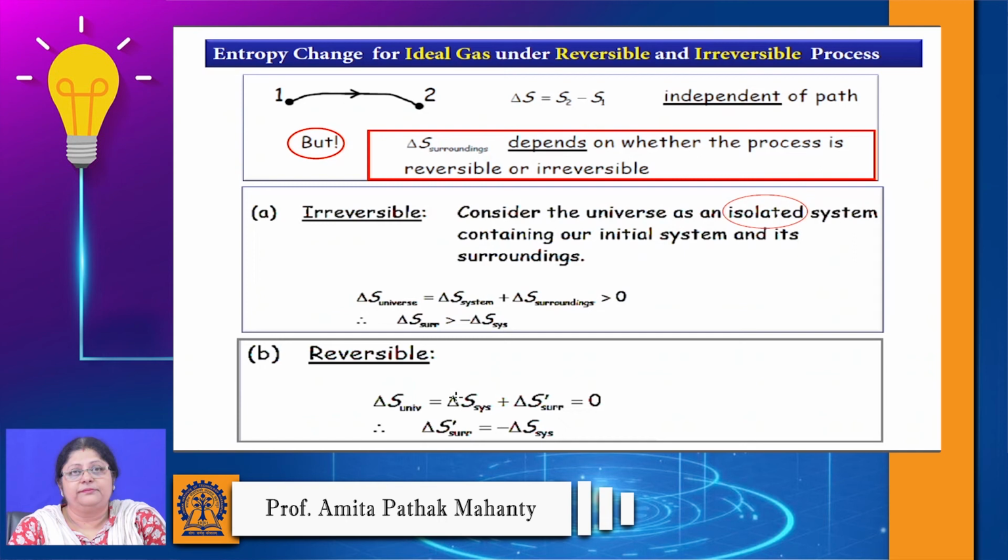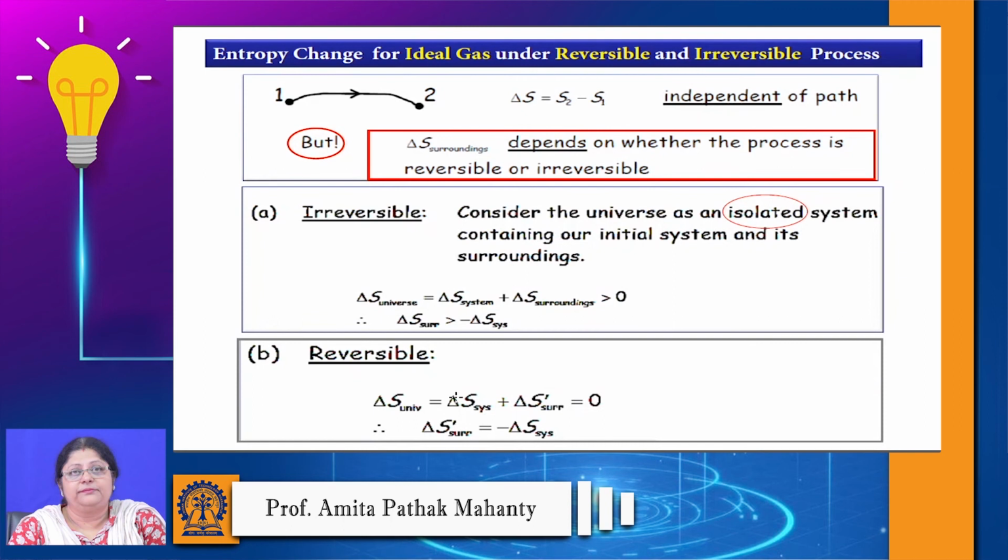We are going to take one example, not now because I have a sequence of things lined up, but I want you to remember that whenever you are talking about reversible and irreversible processes, the system entropy change is going to remain the same, however you calculate it. But the same cannot be said about the surrounding.